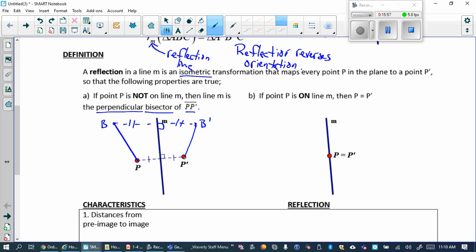Where does it move to? Nowhere. It doesn't go anywhere. When you look in the mirror and press your nose right against the mirror, where's the reflection of your nose? Right on it, at the same place. So your nose and its reflection are basically equal to each other. So if P is on the line, then P is equal to P prime.